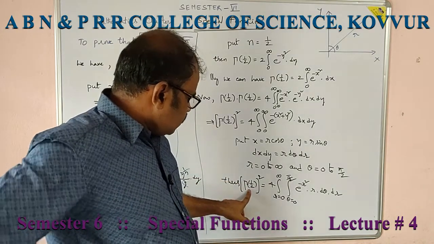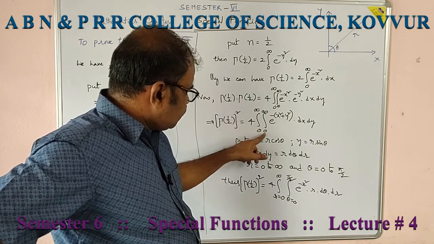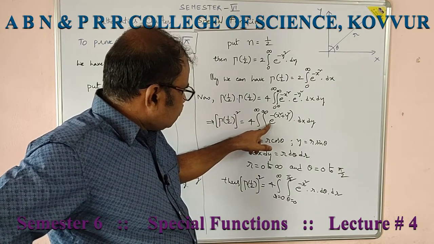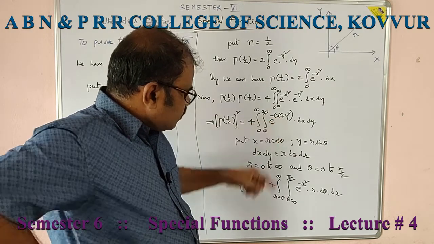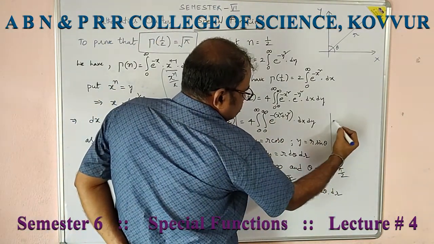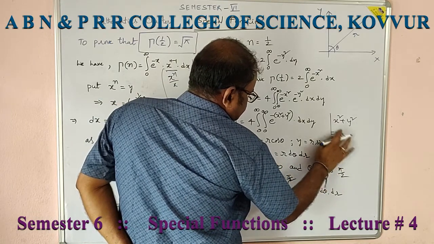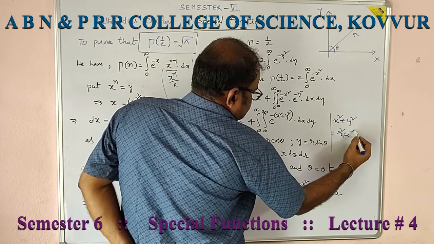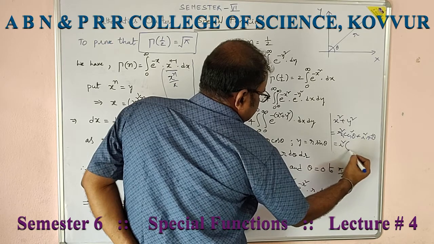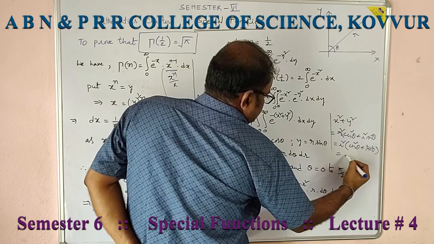Therefore, gamma half whole square is equal to, substituting this, 4 into integral 0 to infinity, 0 to infinity, e to the power of minus of x square plus y square. What about x square plus y square? As x is r cos theta and y is r sin theta, x square plus y square is r square cos square theta plus r square sin square theta, which is equal to r square into cos square theta plus sin square theta, which is r square.